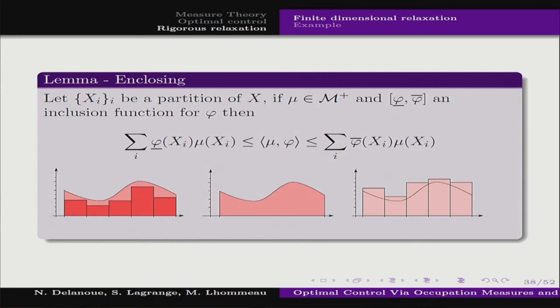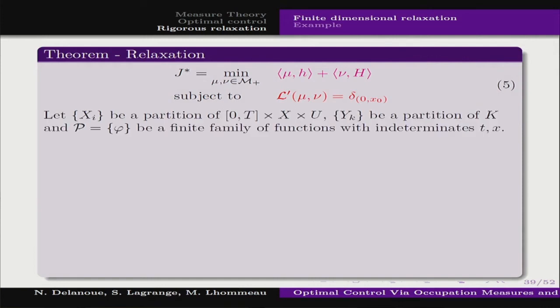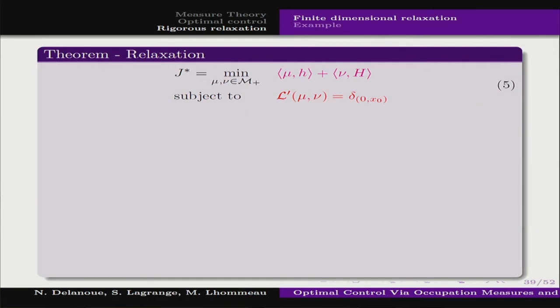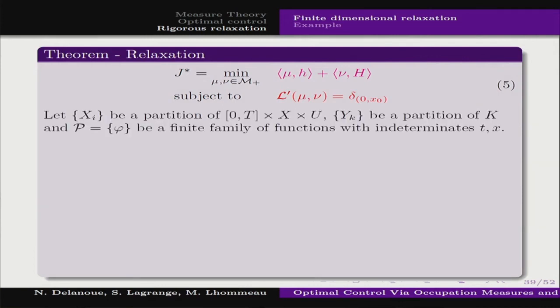So now, if I want to solve this problem, what can I do? First, I create a partition. As soon as I have a partition, I'm not going to compute all the measure explicitly. I'm just going to measure some kind of sets.